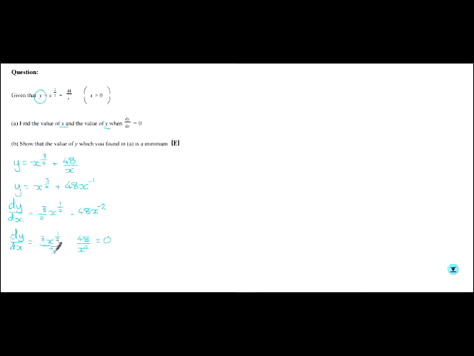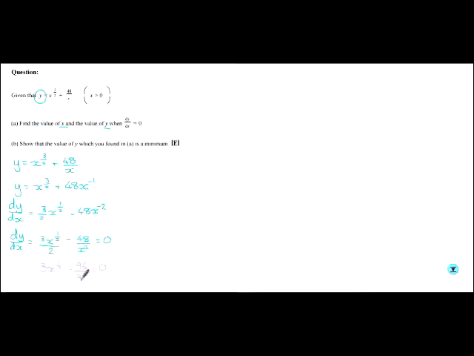So let's start with this 2. If I want to remove this dividing by 2, I have to times everything, this whole equation, every single term, all 3 terms here, by 2. So this first bit here would just be 3x to the half. We're timesing this term by 2, so that's going to be 96 over x squared, and that's going to be just still 0.